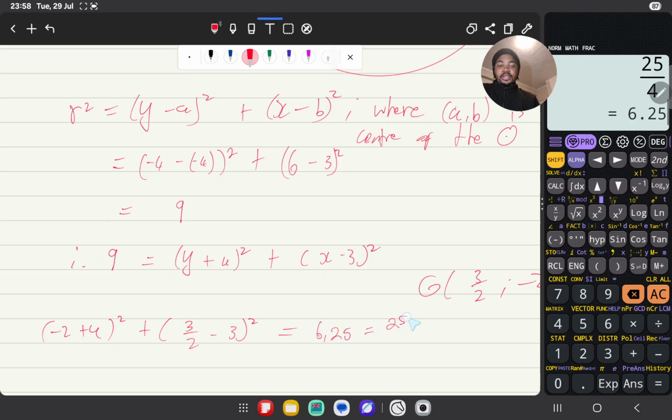Perhaps let me write it as a fraction, which is not 9, and therefore my conclusion is that this point does not lie on my circle, right? Let's see the next question.